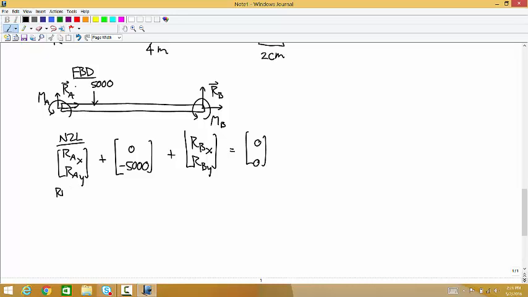And the moment equation, I'll use A as the about point. So we have MA minus 1 times 5,000 plus MB plus 4 times RBY equals 0.